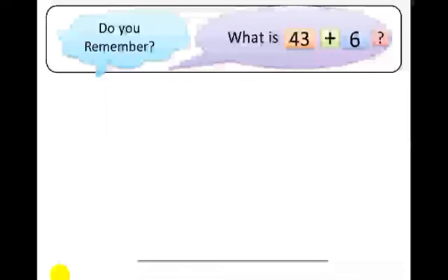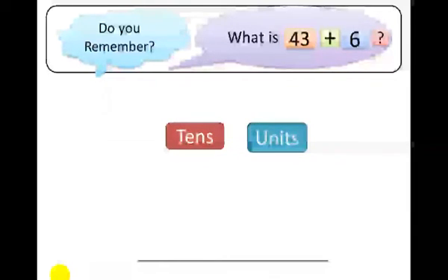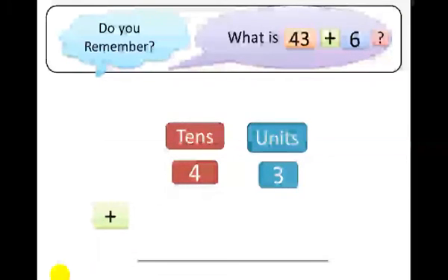Now, the next thing you do is you place each digit under the place value. 43 is a two-digit number, so we have tens and units. The digit 4 is under the tens, while digit 3 is under the units. Plus, always write the sign, plus 6. Digit 6 is a one-digit number, which is 6 units.